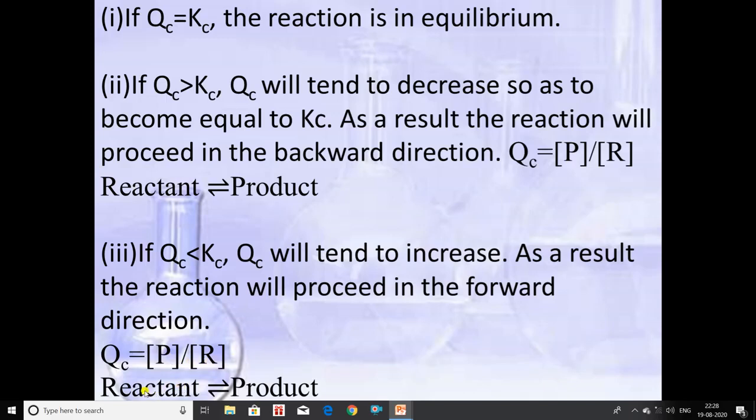That means the reaction is moving in the forward direction. When the reaction proceeds in the forward direction, Qc becomes equal to Kc. So Qc will tend to increase when the reaction proceeds in the forward direction. This is the second application.